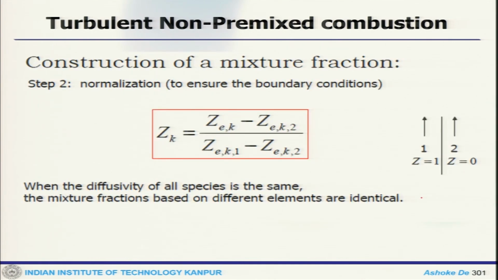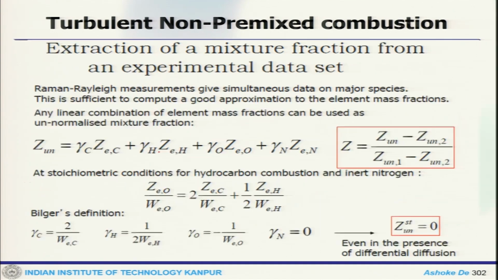Now for this we can normalize it actually. For both the streams we can normalize the mass fractions using that, and then finally what you get is the unnormalized mixture fraction, which is written in terms of carbon atom, hydrogen atom, oxygen atom, nitrogen atom, and this is how you get the mixture fraction using those unnormalized mixture fractions.